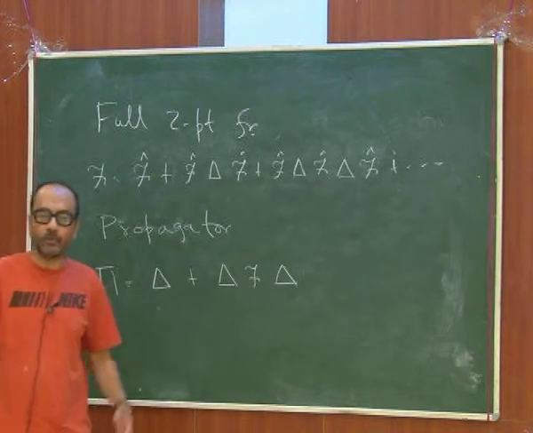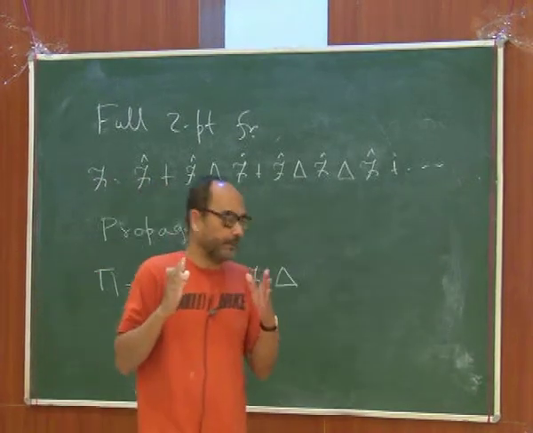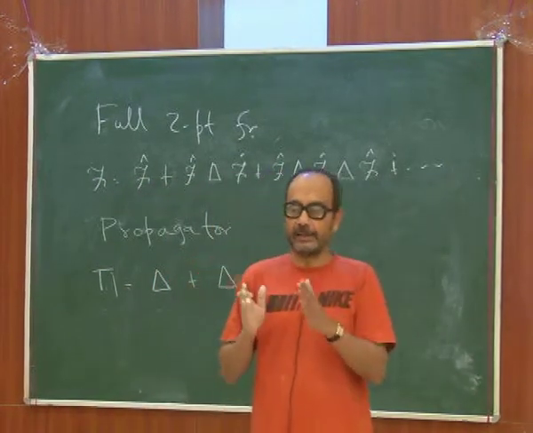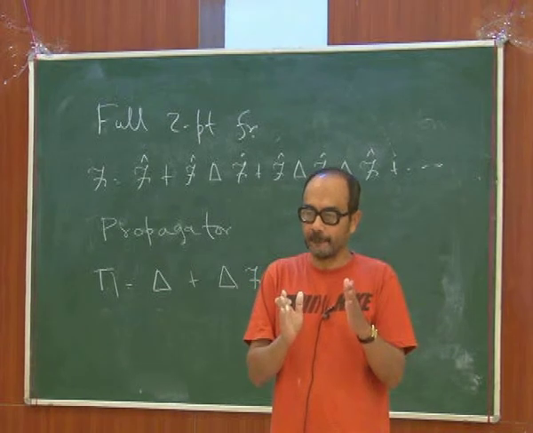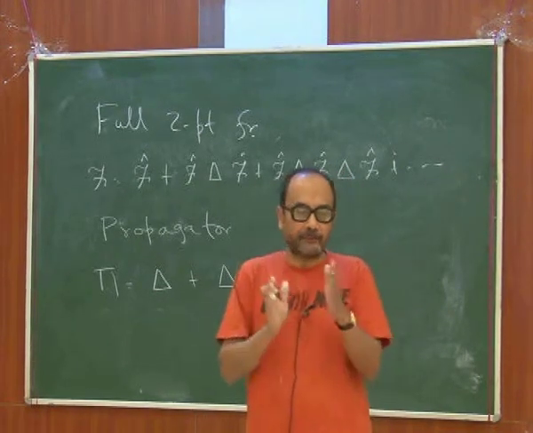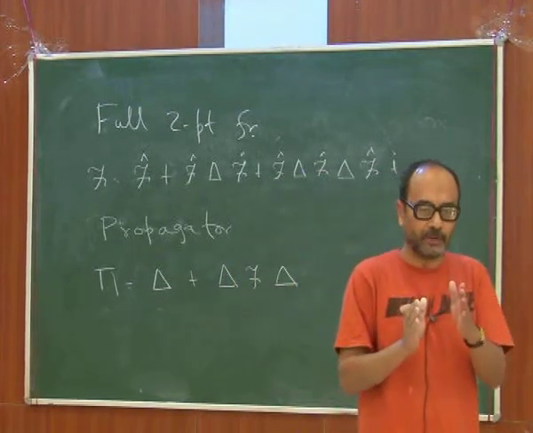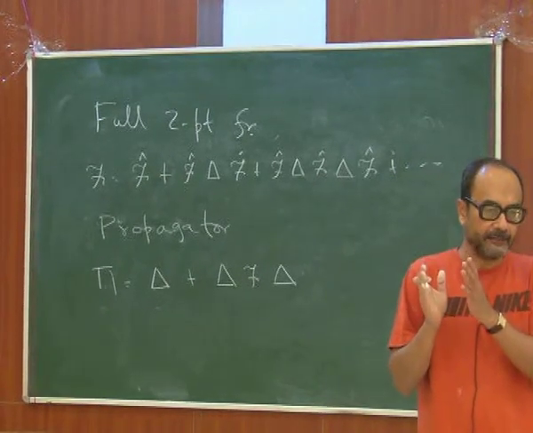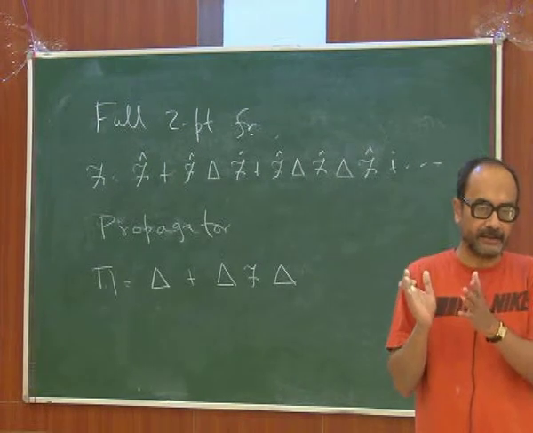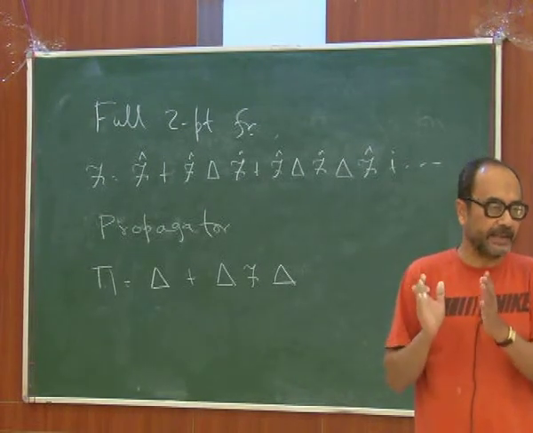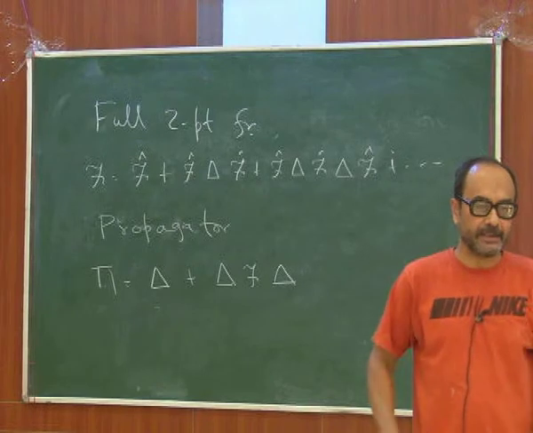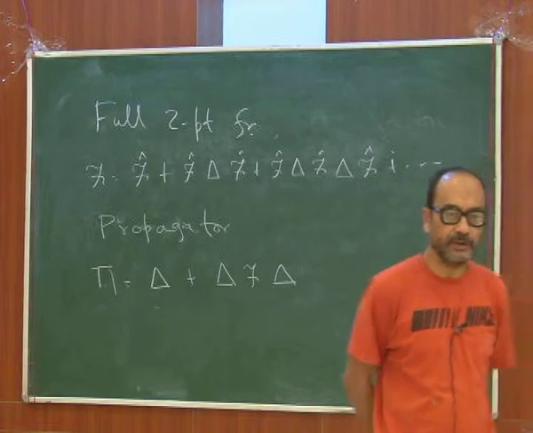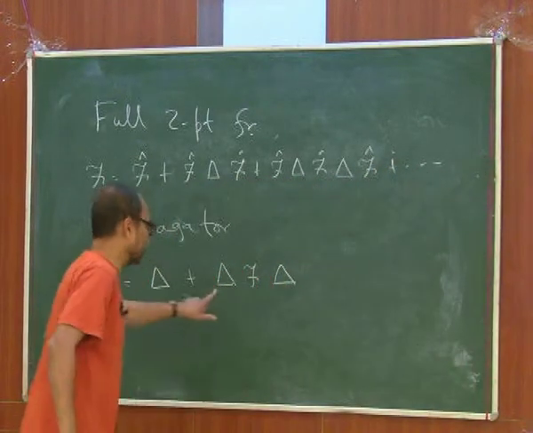Because I said that for the n-point function, you remember the relationship between the Green's function and the amplitude: the off-shell Polyakov amplitude has this extra k square plus m square factor sitting outside. That k square plus m square is nothing but delta. On any given state, delta is L0 plus L0 bar, whose eigenvalue is precisely k square plus m square. So, you have to supply two factors of external propagators.